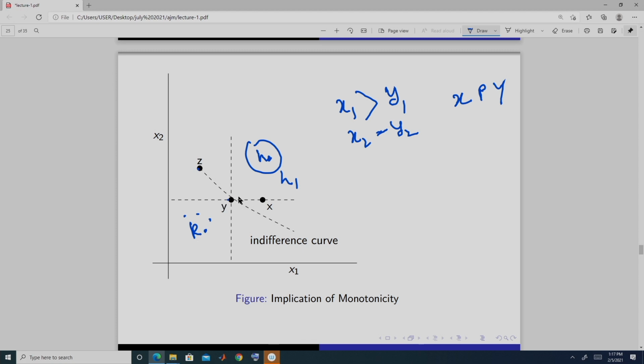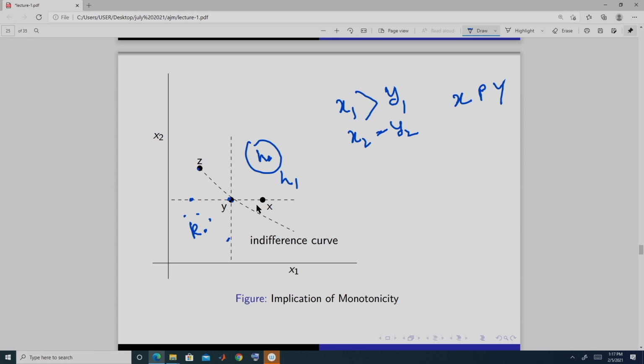It is obvious because each of the quantities is greater, and if you take a point in here or here also, y is going to be preferred. So any point which will be indifferent to this should be either in this portion or in this portion. Okay. So, what does this give us?